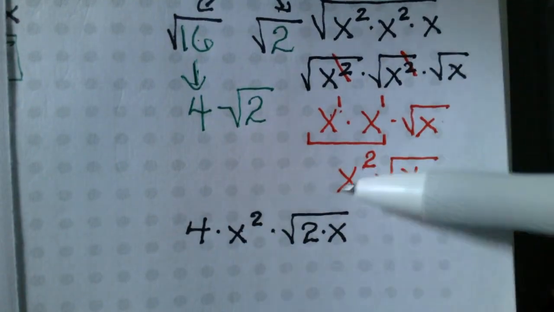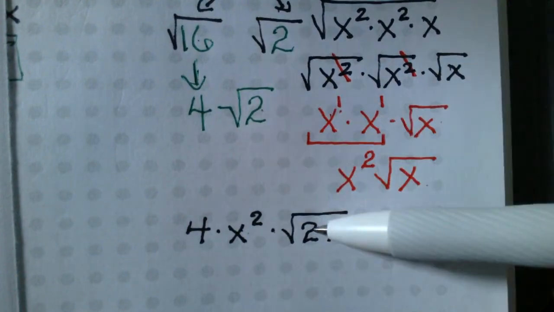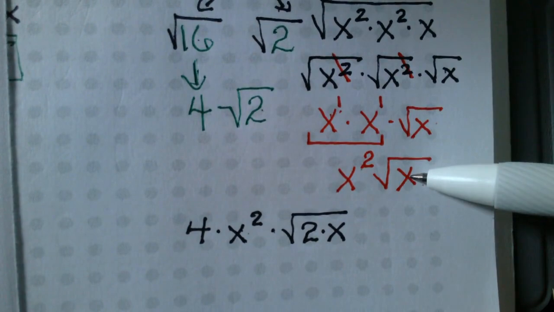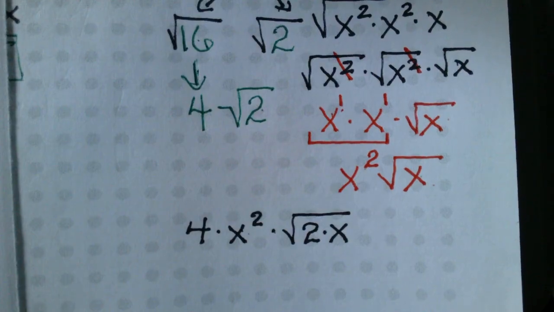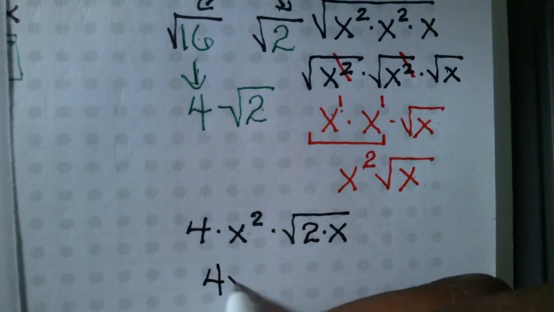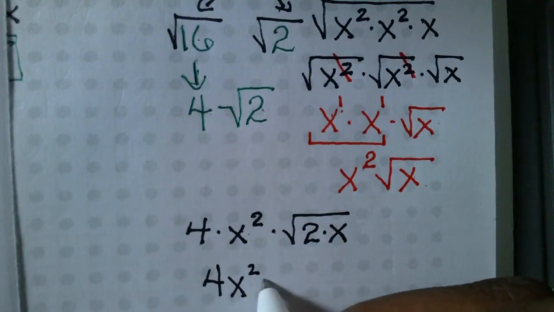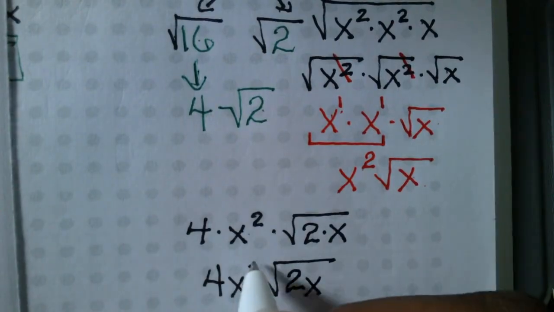The x squared came from here. The 2 that's under the radical comes here. And the x that's under the radical is coming here. So when you basically multiply them together, you get 4x squared and then the radical of 2x.